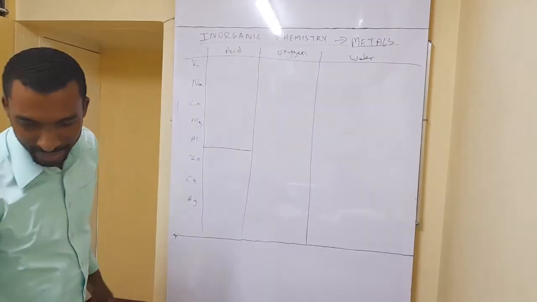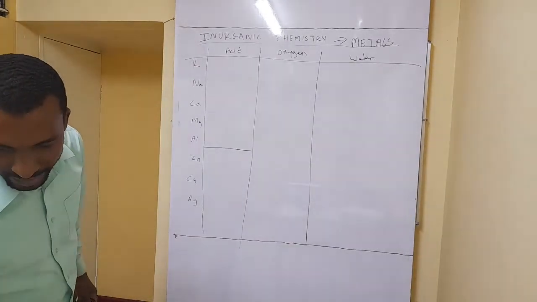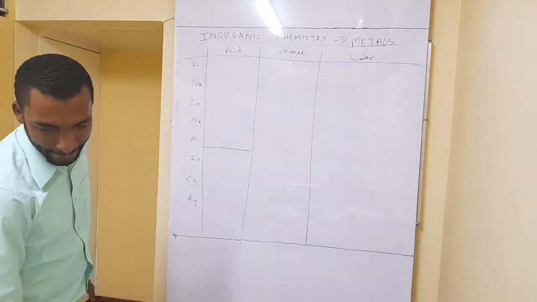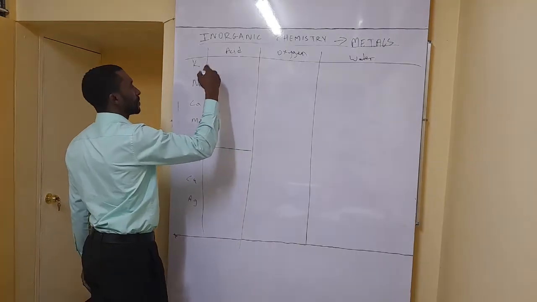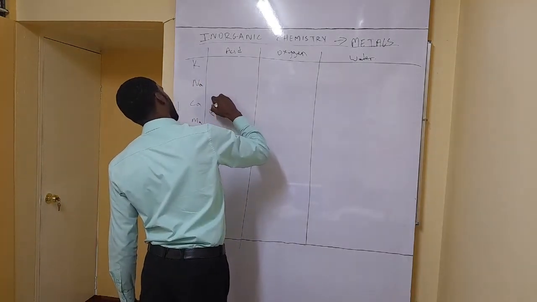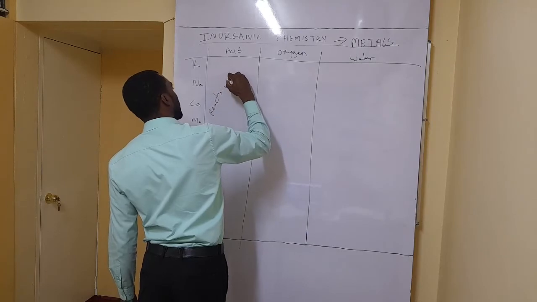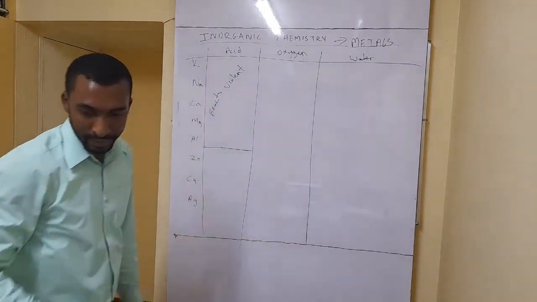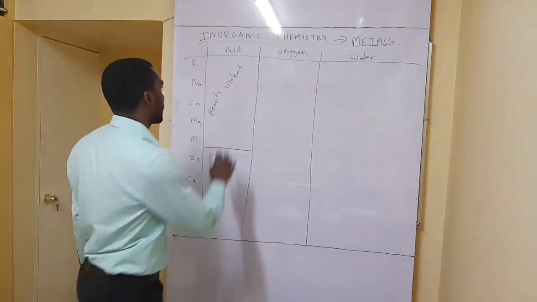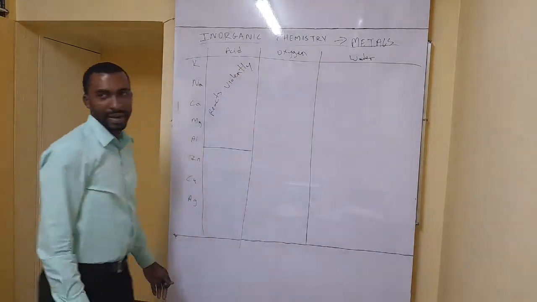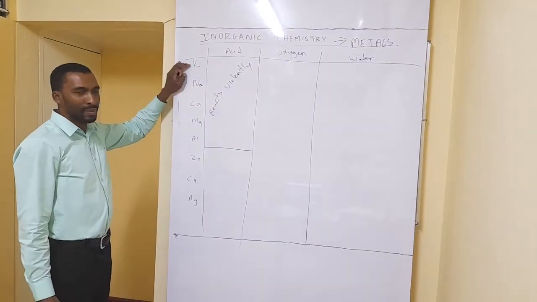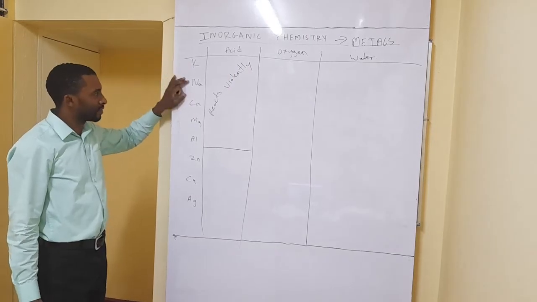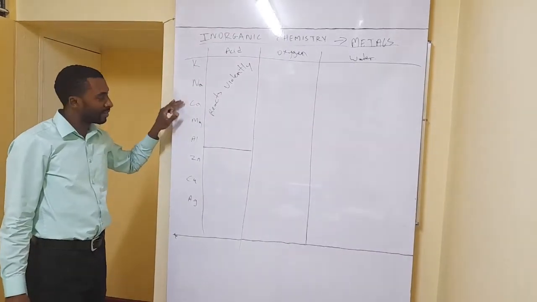They use the term vigorous, violent or vigorous, active elements. But we know that potassium would be most violent, then this is violent, then this is fairly violent, etc.